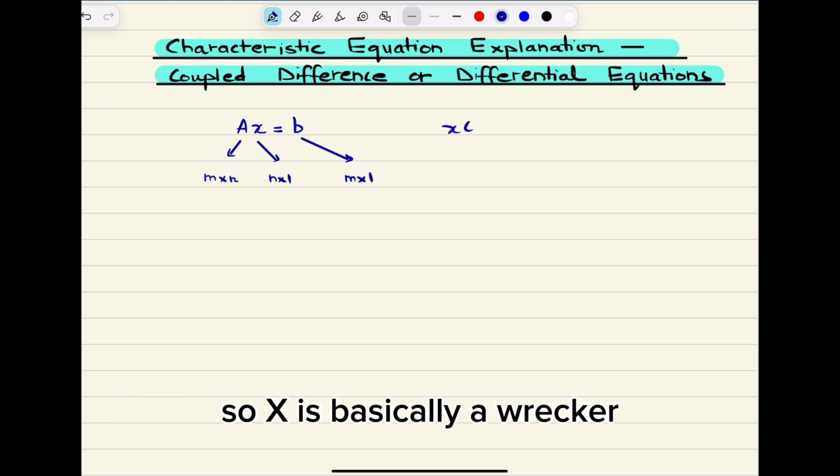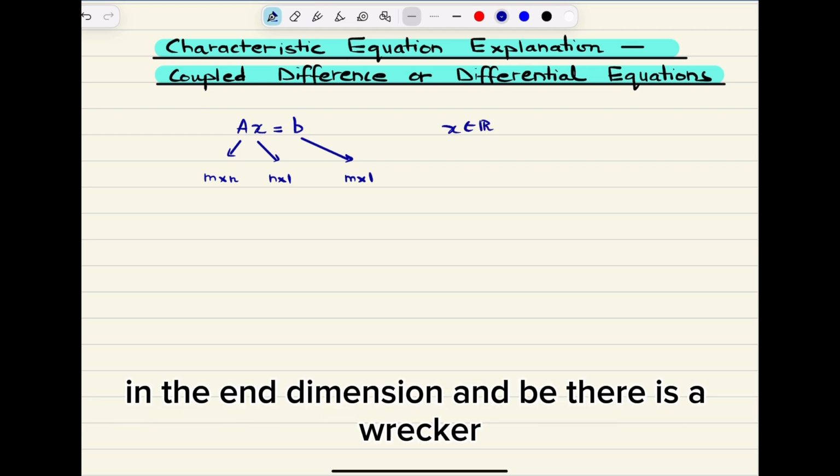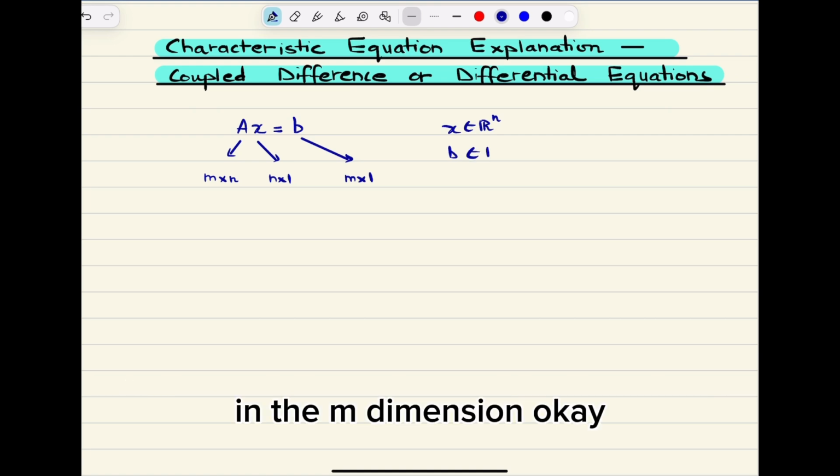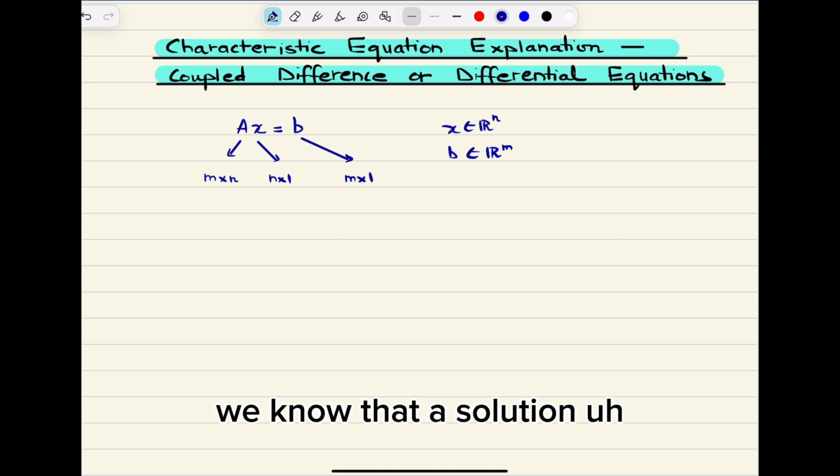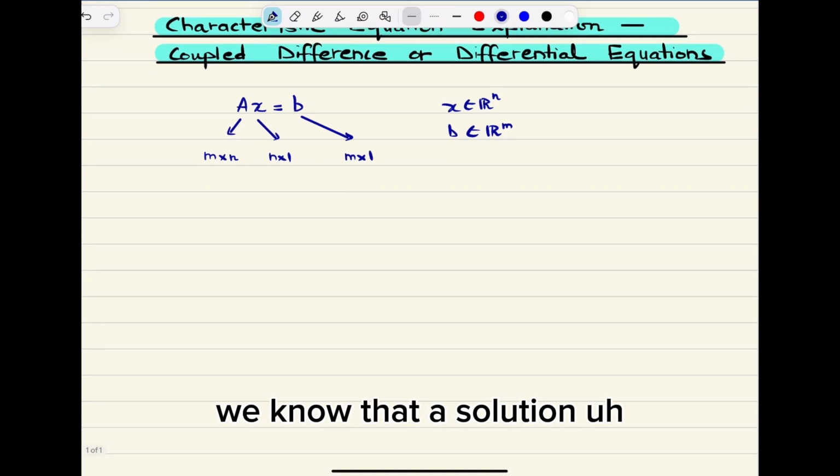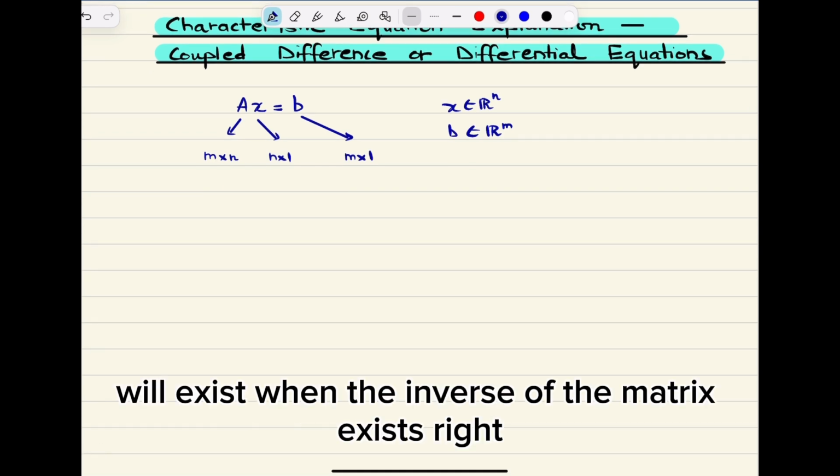So x is basically a vector in n dimensions, and b is a vector in m dimensions.